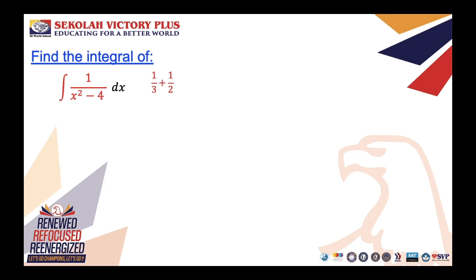1/3 plus 1/2. If you recall your basic mathematics, you are told to find the LCD, by which the LCD is 6. So 6 is simply like multiplying 3 and 2. And your numerator would depend on what your LCD is.